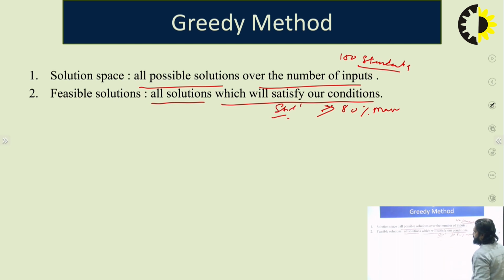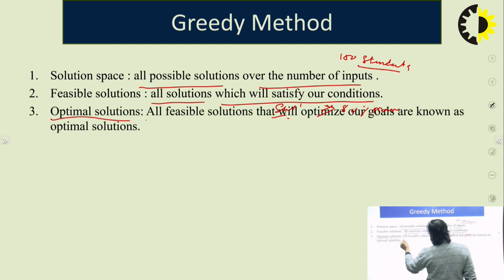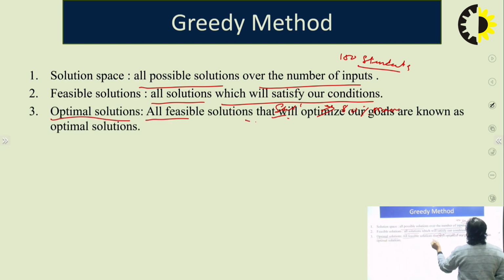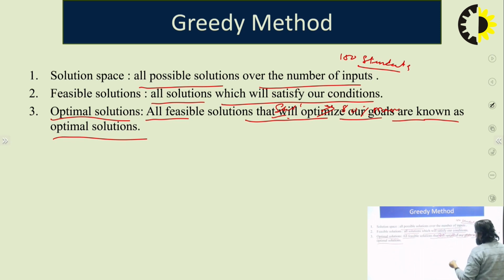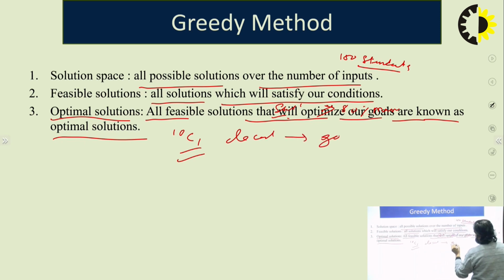That is a feasible solution. Third is the optimal solution: a feasible solution that optimizes our goals is known as the optimum solution. The optimum solution is 10 C 1. That is the greedy method approach. The greedy method is basically based on local choices and reaching the global optimum.